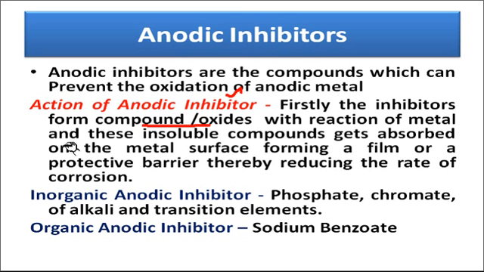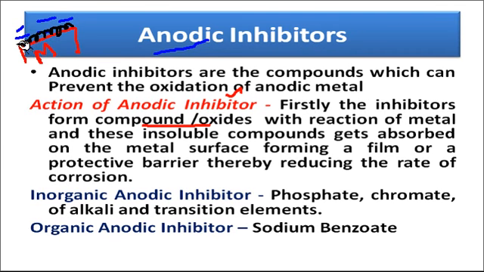reaction of metal. Suppose this is our metallic structure, and we are using some anodic inhibitor on the metal surface. So basically these anodic inhibitors form some type of compound like an oxide by reaction with the metal.